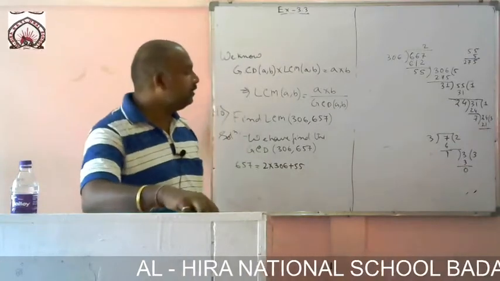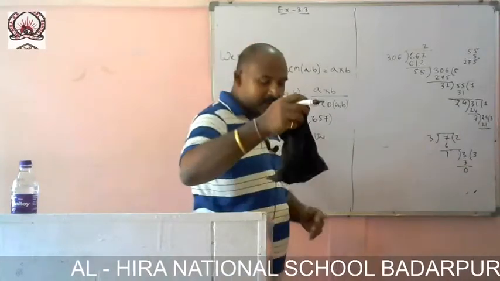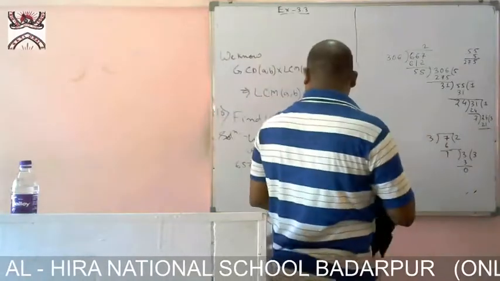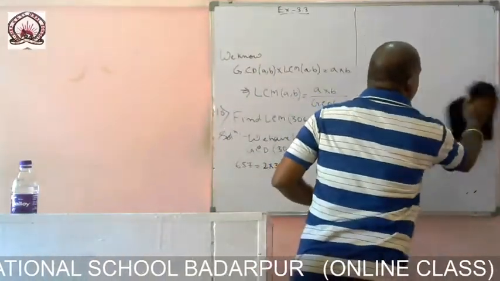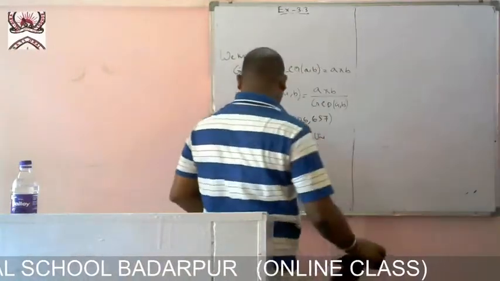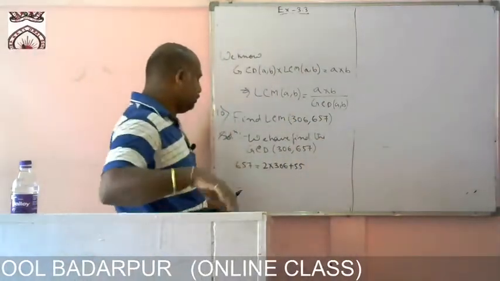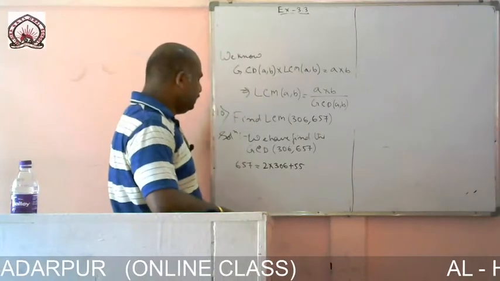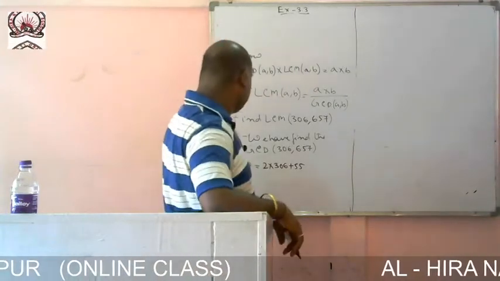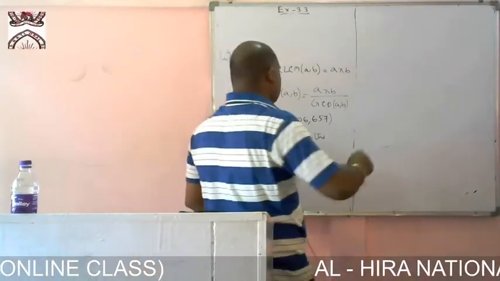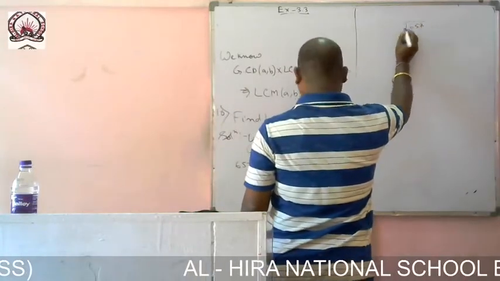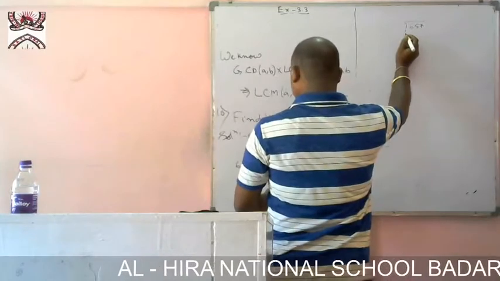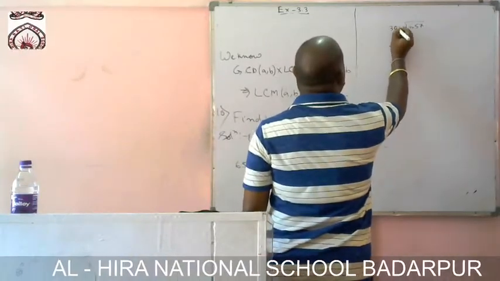We are getting what? Oh, I have done certain mistakes. So 657 divided by 306.